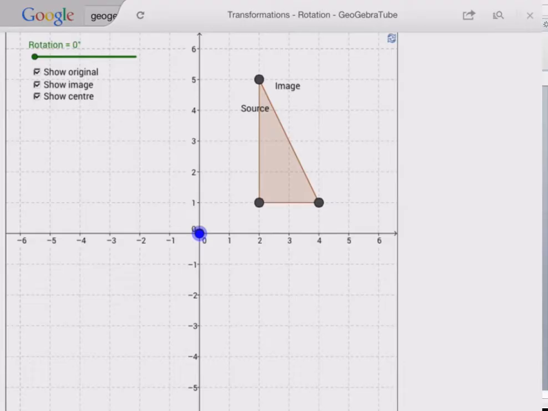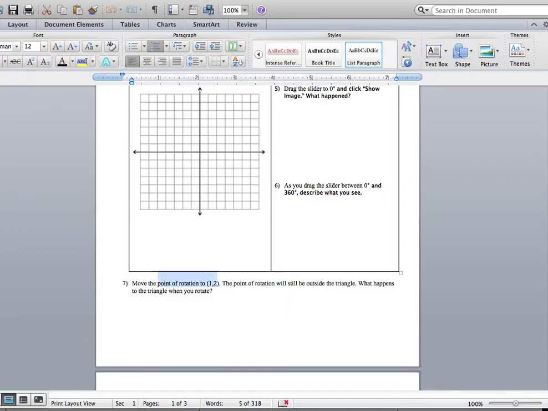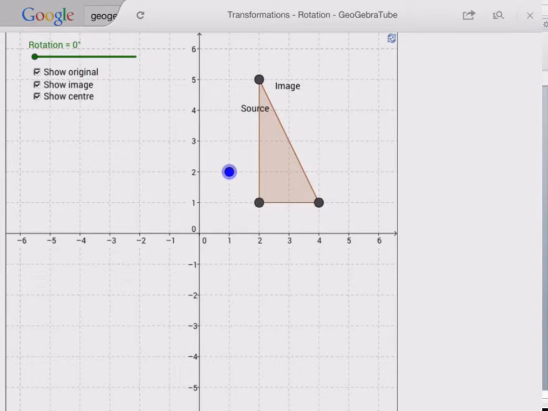As you see, it's outside, and it wants you to describe what happens to the triangle when you rotate.